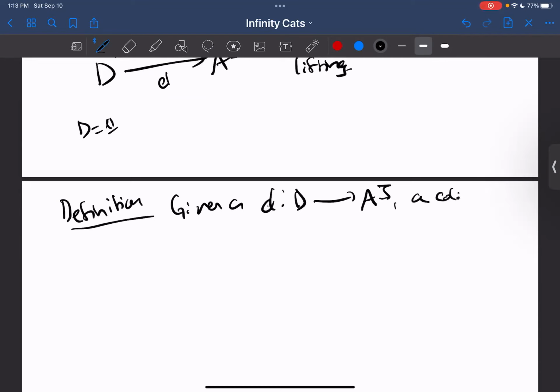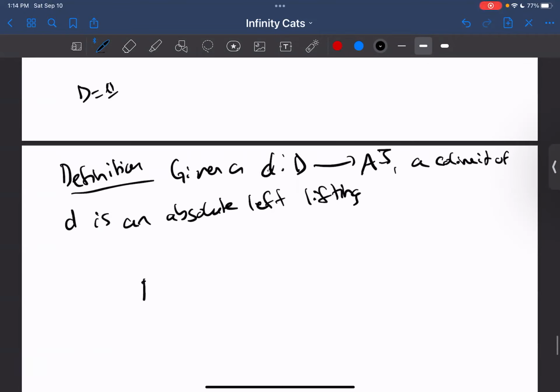A colimit of D is an absolute left lifting, D goes over by D to A to the J, through the diagonal functor.